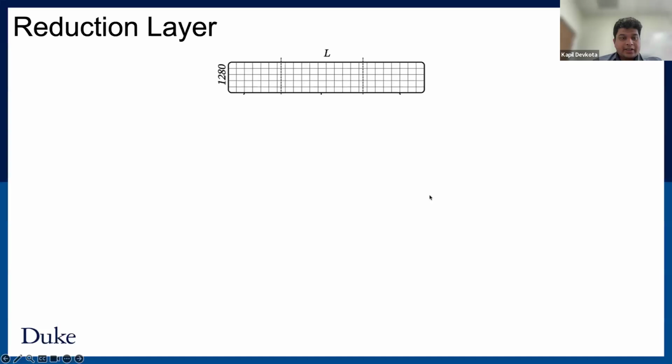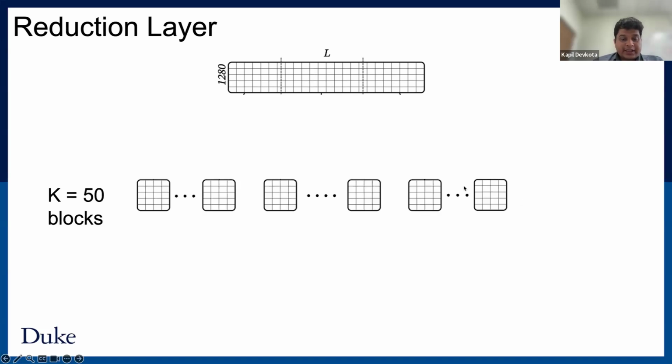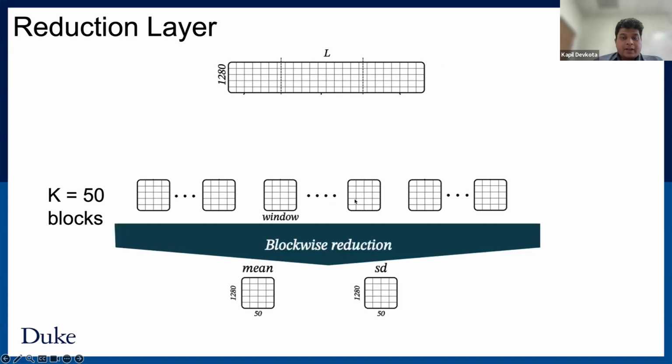So how does the reduction layer do this? The essential thing we do in the reduction layer is we have a variable length representation of ESM2 with length equal to L. What it does is it divides the protein representation into K contiguous blocks, and in our case, K equals 50. And then reduce each block using a simple averaging operation.